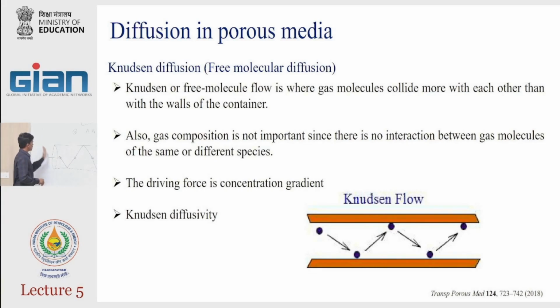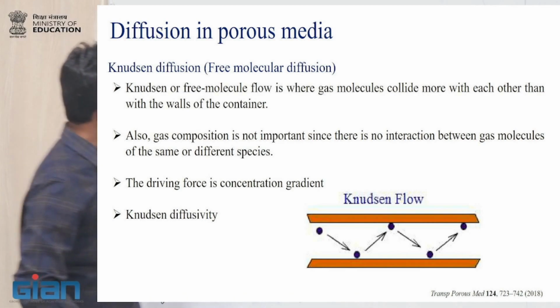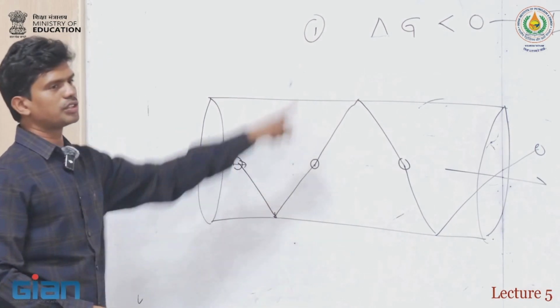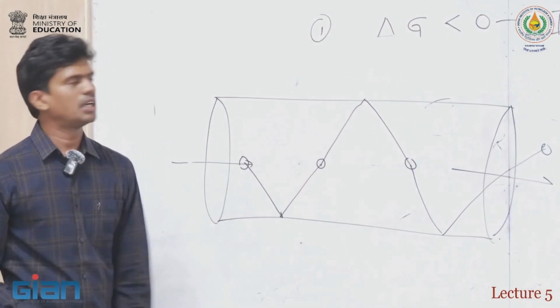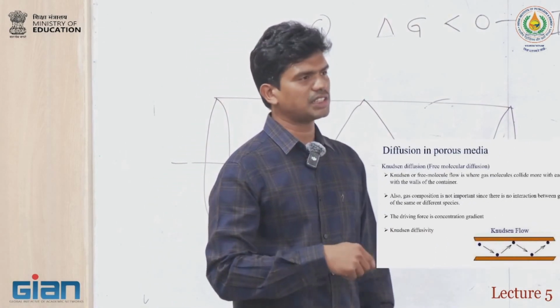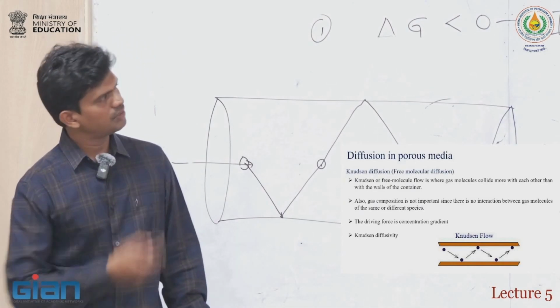So why will the gas molecule go from here to here? Because of the concentration gradient. It wants to go from here to here, but while going, it is going through Knudsen diffusion. Here we characterize this by the Knudsen diffusivity. So we calculate the Knudsen diffusivity, and then we see this.